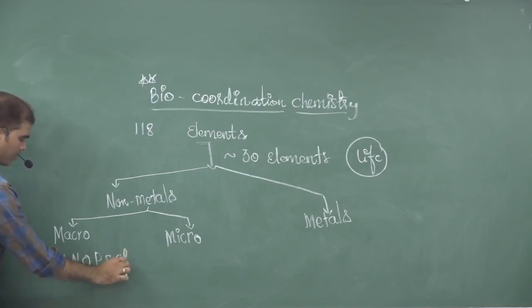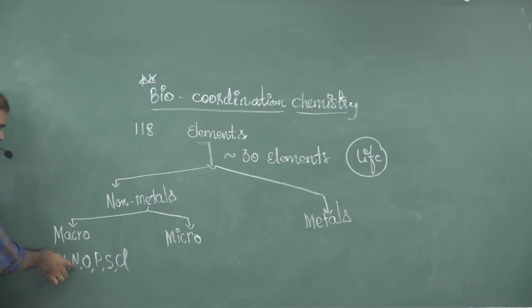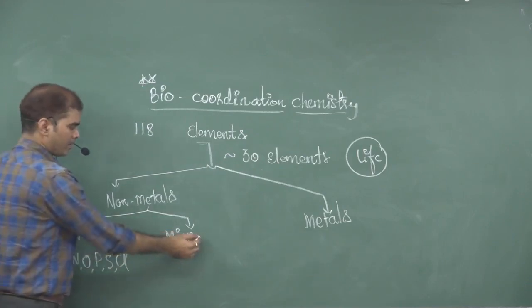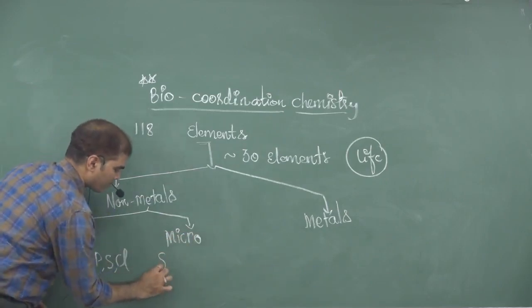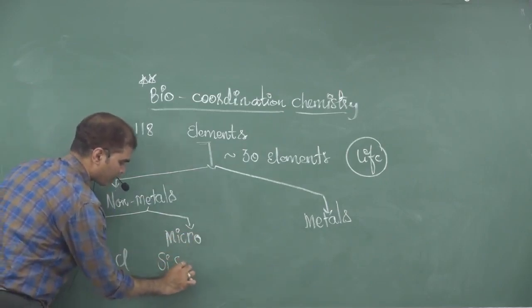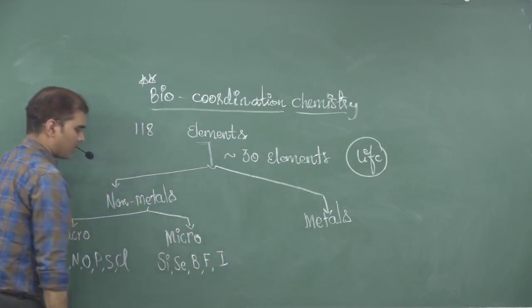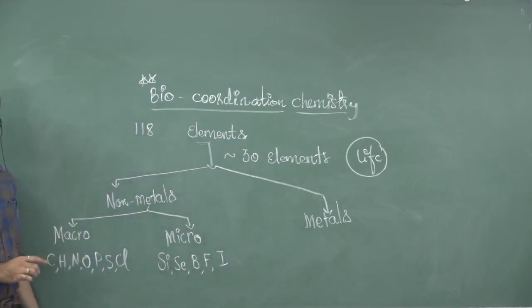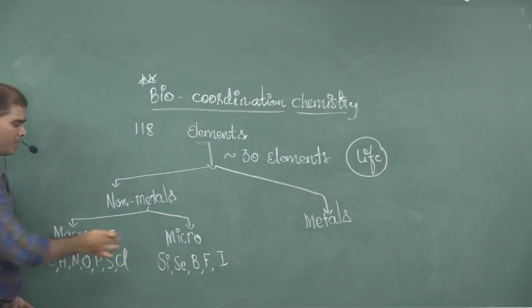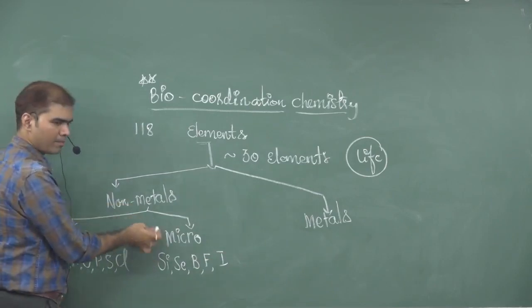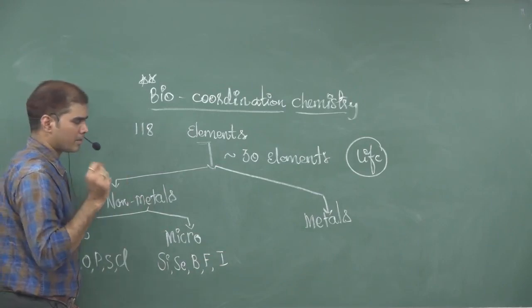All these are macro non-metals: carbon, hydrogen, nitrogen, oxygen, phosphorus, sulfur and chlorine. Micro non-metals: silicon, selenium, boron, fluorine and iodine. These come under non-metals at micro level, in very, very small quantities.